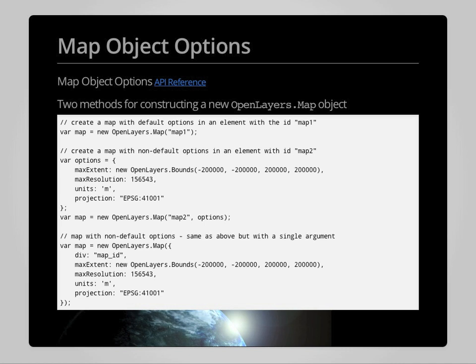So when we're talking about the options for the creation of the map object, you can go to the API reference as the first source of information for the current set of options available for the map object. A link to the API is provided here.